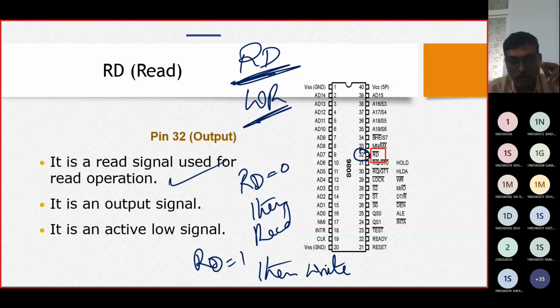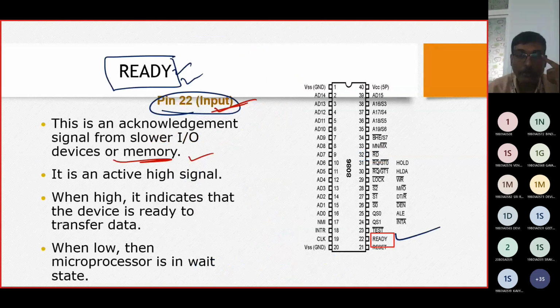Next, the microprocessor has the capacity to do memory read, memory write, IO read, IO write. In all four of these, it is either a read operation or a write operation, which is decided by the read and write pins. Next, the microprocessor needs to get data from slower devices like memory or input output devices, which is handled with a pin called READY.